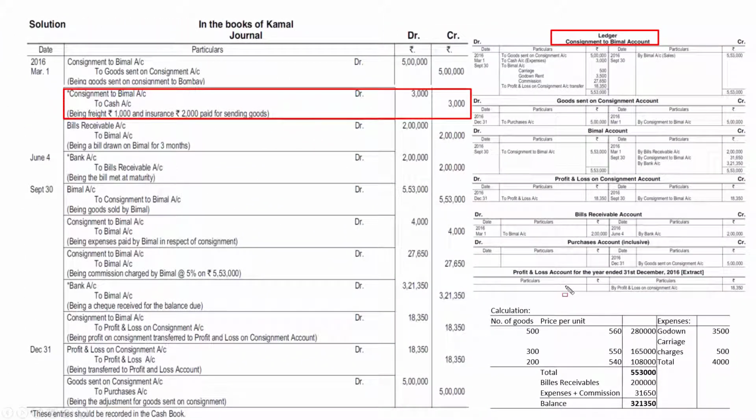But here we are not mentioning the cash account because of unavailable information. So the consignment to Bimal account will be 3000 debit. Here it will be posted to the consignment to Bimal account and cash will be credited with the same amount.